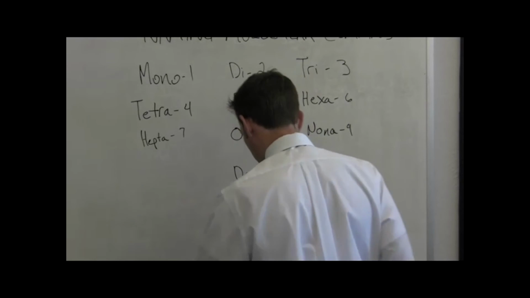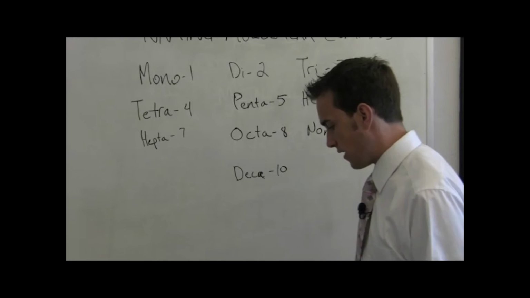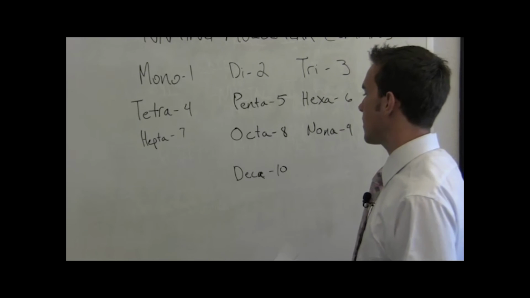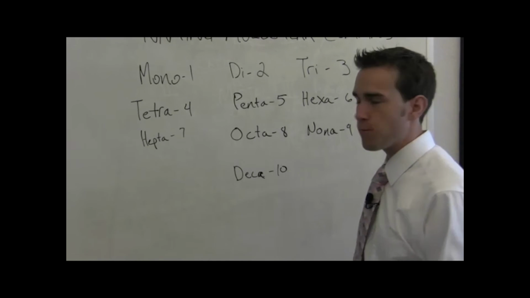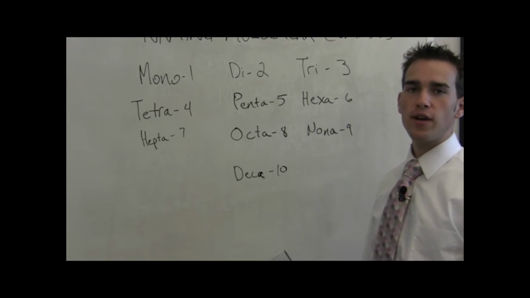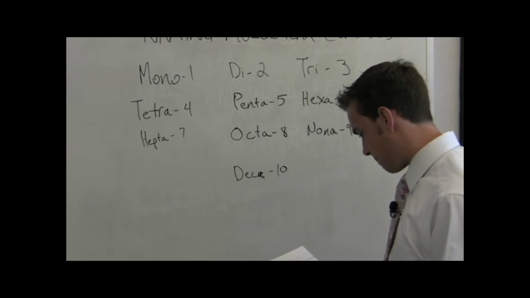So this becomes an important concept as well, because you can not only name compounds with these prefixes, you can also write formulas based on the names that you're given.